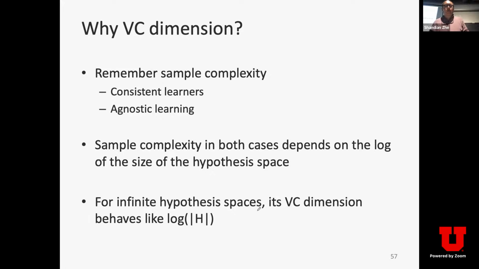Now let us go back to see why we should introduce VC dimension. Because it relates to the sample complexity. Previously, we discussed consistent learners, meaning that you are guaranteed to have zero training error, and agnostic learning, where you don't have a zero training error guarantee. In both cases, we can derive that the sample complexity depends on the log of the size of the hypothesis space, which won't be useful when your hypothesis space is infinite.